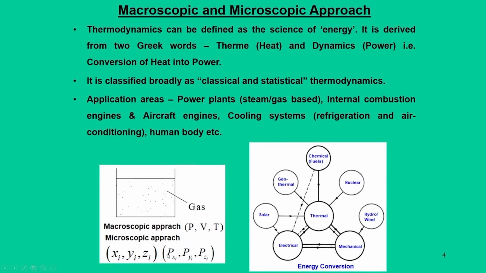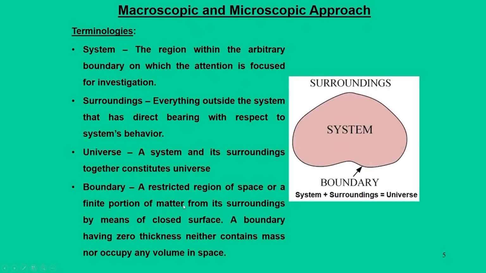Now, when you deal with these individual molecules and try to integrate them to the entire system, then it becomes a macroscopic viewpoint. So, this is the gross meaning of the microscopic and macroscopic approach.